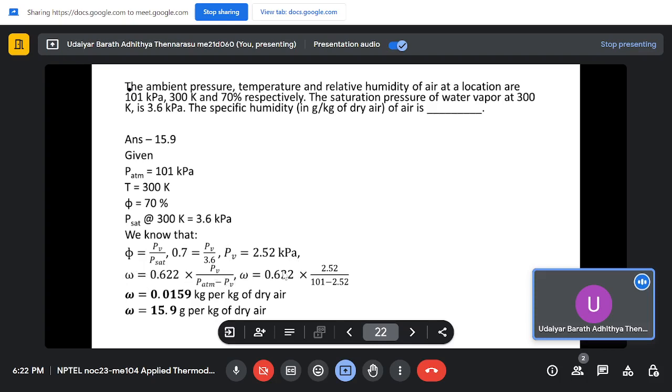So omega is 0.0159 kg per kg of dry air. So this will give in kg. Now for getting the answer in gram per kg of dry air, you need to multiply by 1000. So this will give me omega as 15.9 grams per kg of dry air.